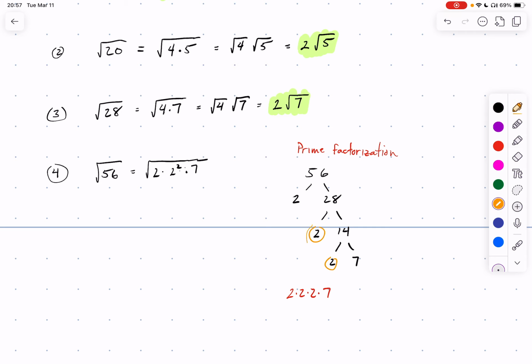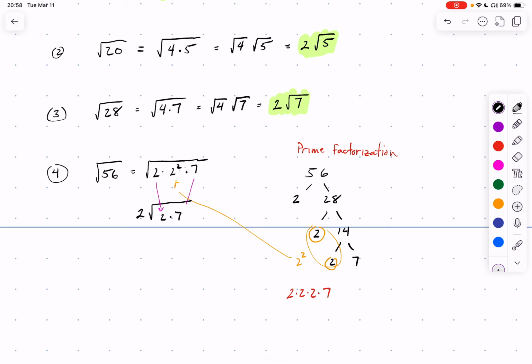So this is 2 squared, okay? And that's where that one comes from. And then when I use my properties, well, the square root of 2 squared is just going to be 2. So I can pull that 2 out front, okay? And then what I'm left with is these other factors that are left inside the radical. So I've got 2 times 7.